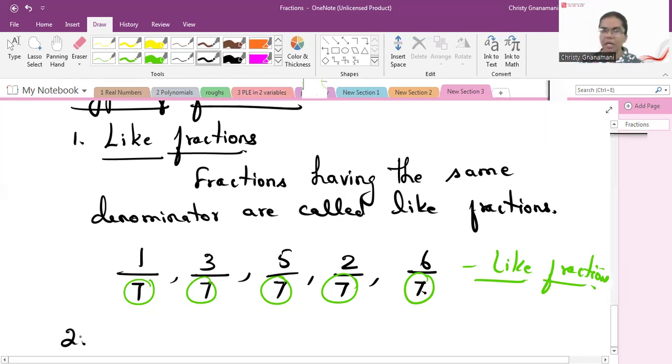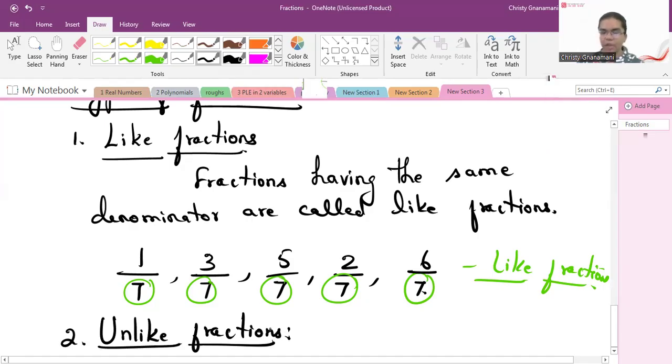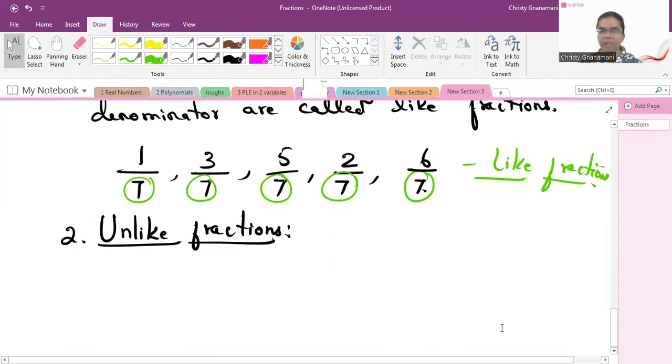Similarly, you have unlike fractions. What must unlike fractions be? Fractions having the same denominator are called like fractions, so unlike fractions will have different denominators.